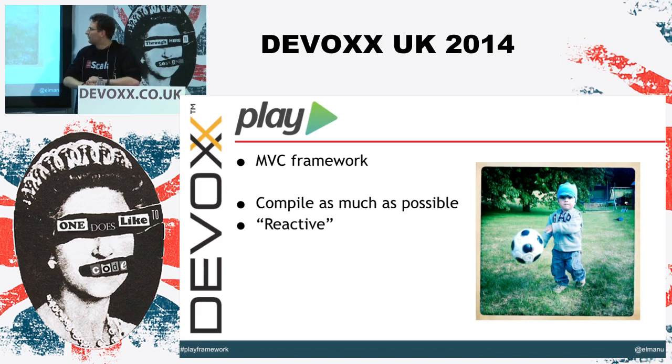So they took all of these learnings in, and if you were to ask me, I think there are two things that are unique to Play. The first is that it's absolutely obsessive about compiling all of your code. Not only your business logic, not only your style sheets, it will grab everything it knows about: LESS, JavaScript, CoffeeScript, TypeScript, whatever script it knows about, it will try to compile.